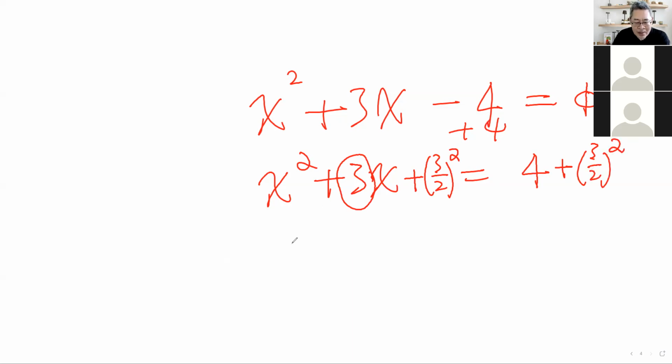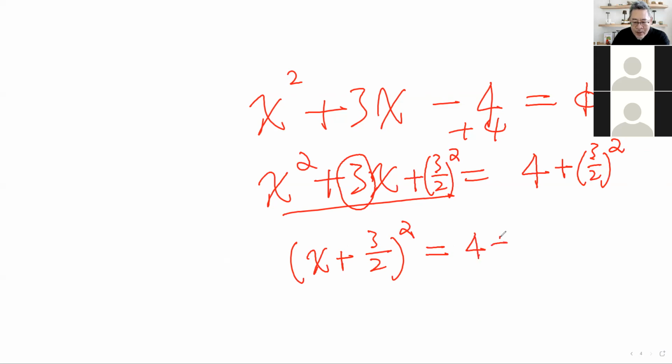Okay, and so therefore this part will be x plus 3 over 2 squared. And on this part will be 4 plus, 3 over 2 squared is 9 over 4. And we can combine them.